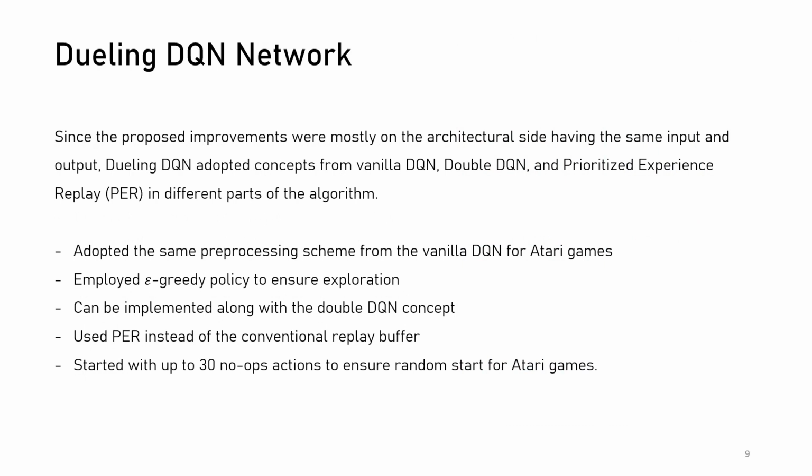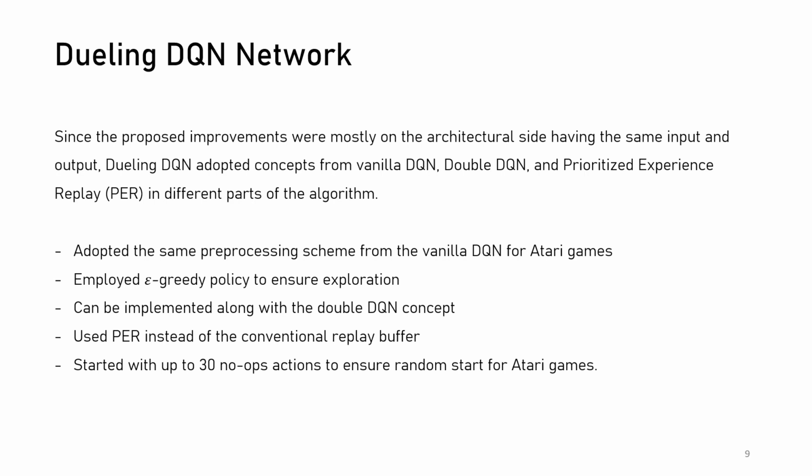In terms of input and output, the dueling architecture is the same as its predecessors. As a result, it can be used with other proposed algorithms like vanilla or conventional DQN, double DQN, prioritized experience replay, or in short PER.